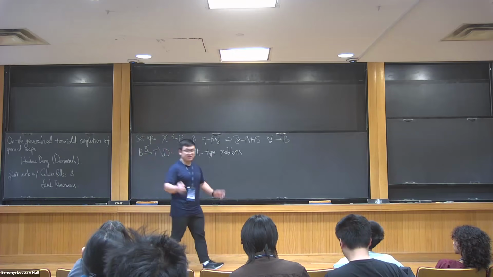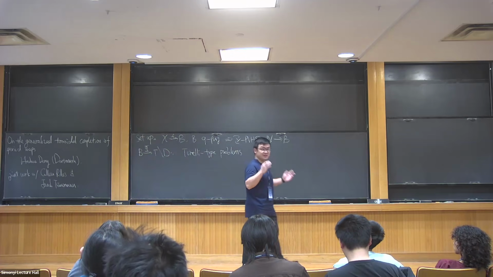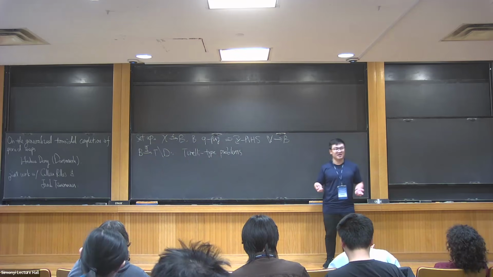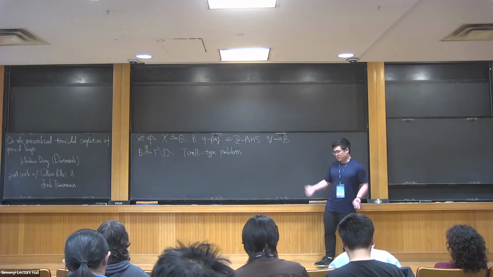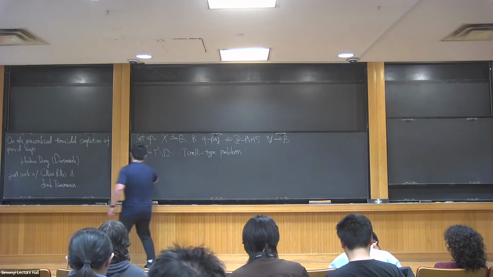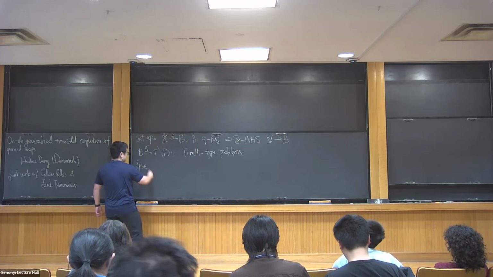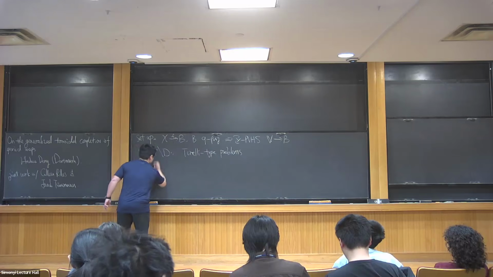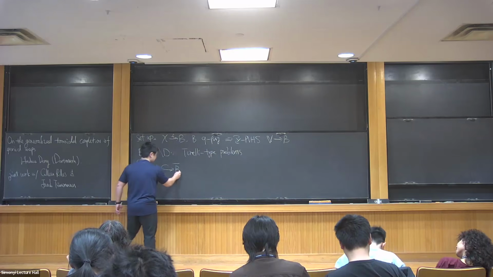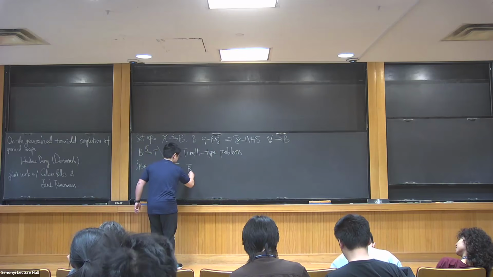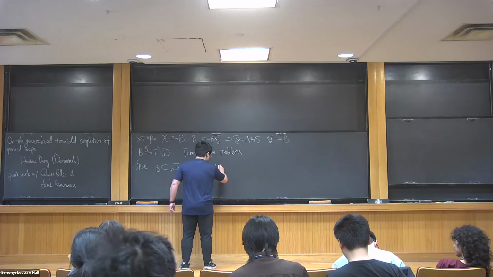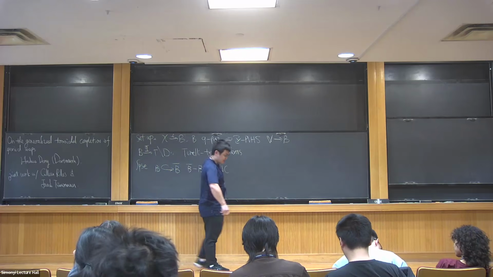But in practice, we usually have to deal with compactified moduli bases, which means we have to allow some singular fibers on the boundary. So it raises the question: suppose this moduli space B has a compactification, and assume this compactification is good in the sense that the boundary divisor is simple normal crossing.